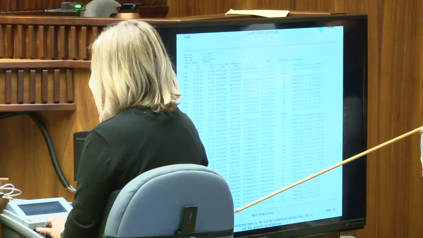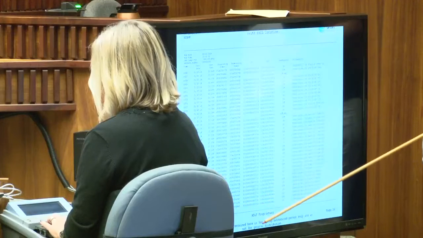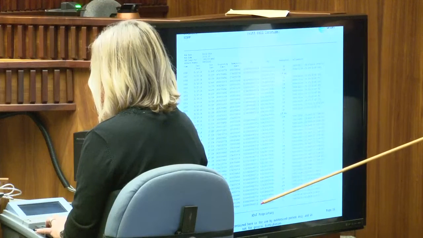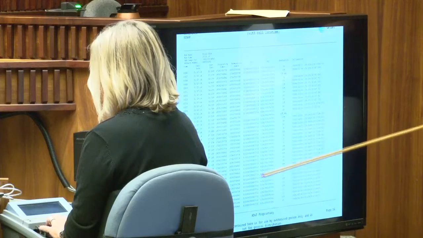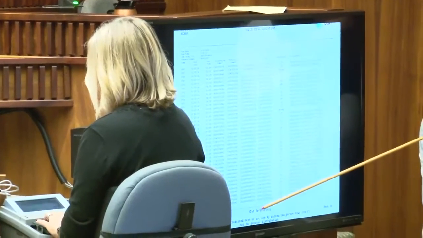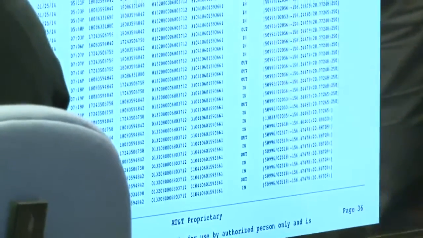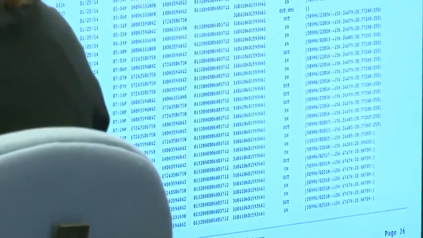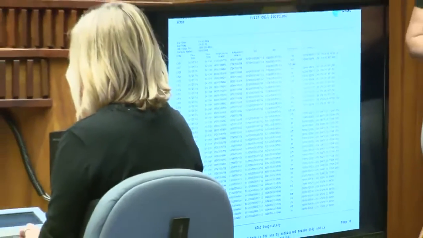The fourth column is the originating number, terminating number, the IMEI of the number that's listed here, 3594842. And IMEI, once again, means International Mobile Identification. So it's unique to each cell phone.